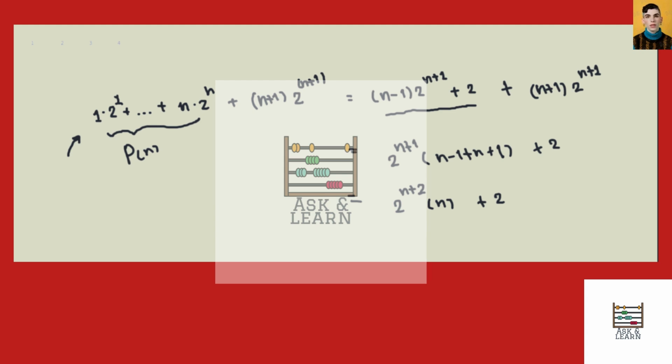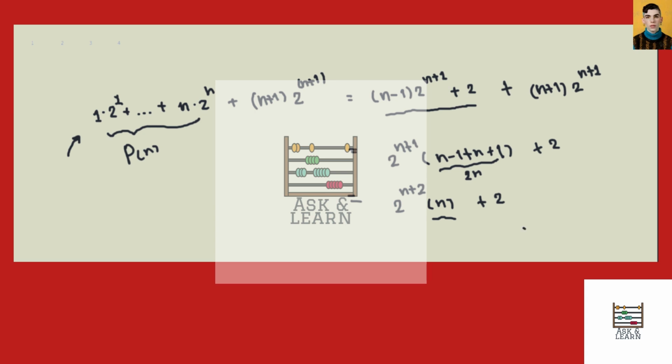With this, we arrange the right-hand side. We match the first and the third term, and pull 2 to the n plus 1 out. The inside will become 2n. Then the number 2 goes together with the power of 2 in front, so it becomes 2 to the n plus 2. Inside here, we're left with n, and then plus 2 stays the same.